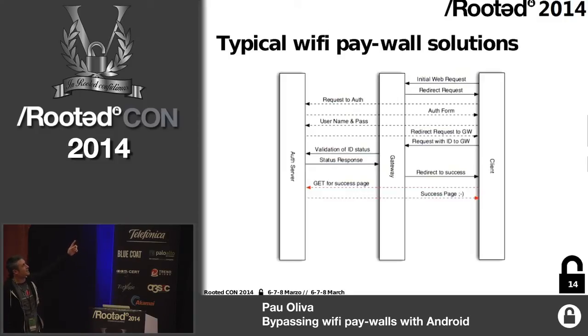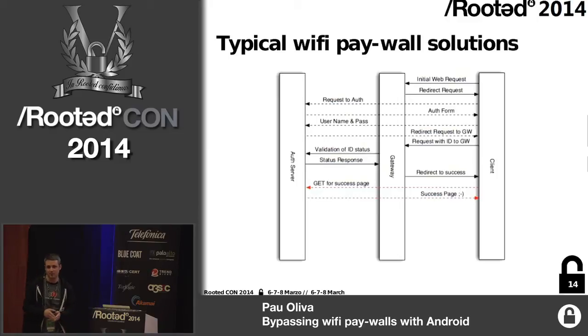So the client makes the initial request, the gateway sends a 301 to redirect it to the web server, and the web server gives back the form for authentication. The client enters the user name and the password, and after the form is posted to the gateway, it sends a RADIUS request against the authentication server.